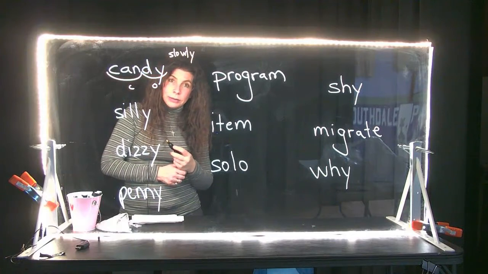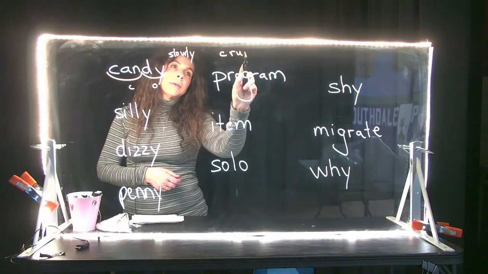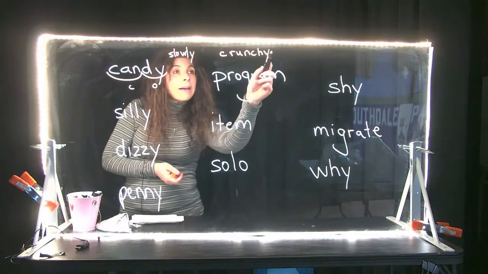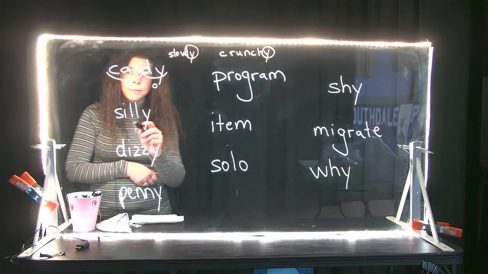Slowly. Our suffix Y, like if a cereal has a crunch, you say it's crunchy. So even the suffix Y and the suffix ly have that E sound.